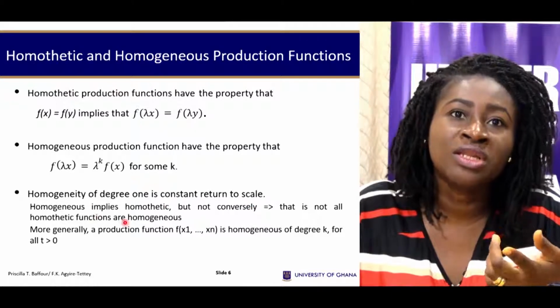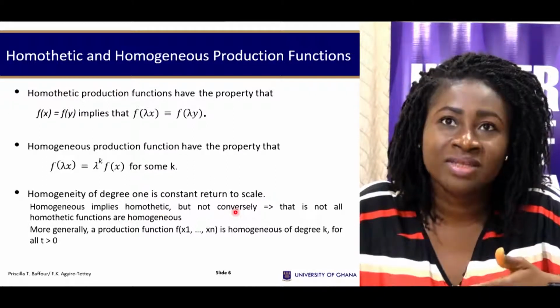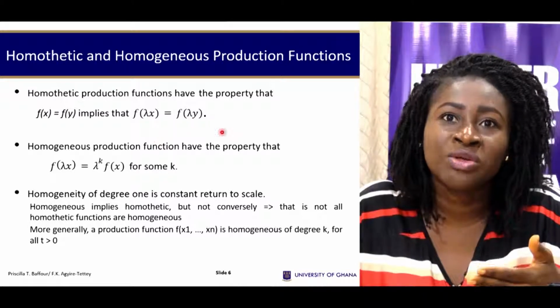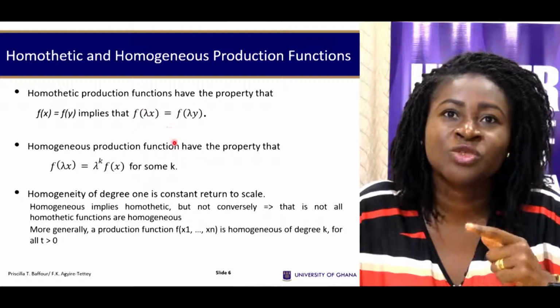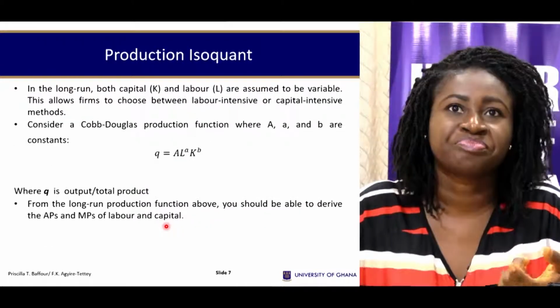So homogeneous implies homothetic, but not conversely. So from here, you can tell that when a function is homogeneous, it is also homothetic, but a homothetic function is not necessarily a homogeneous function, right?